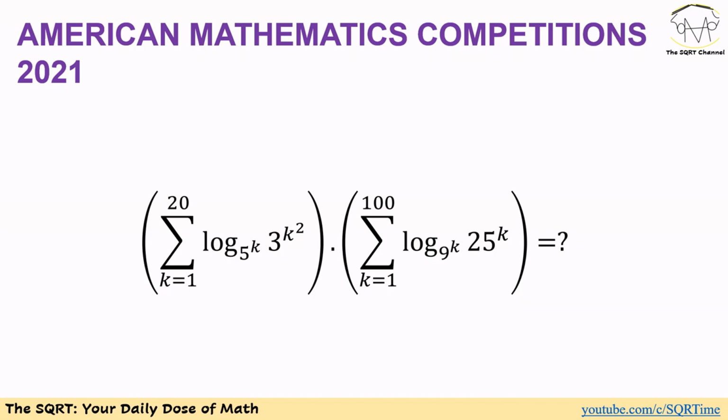In this video, we are going to talk about a problem that we got from American Mathematics Competitions from 2021. In this problem, we have a multiplication of two terms. For the first term, we have a sigma for k equal to 1 to 20. Inside the sigma, we have log of 3 to the power of k squared in base 5 to the power of k.